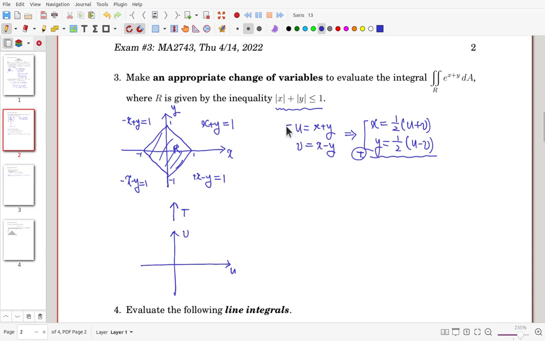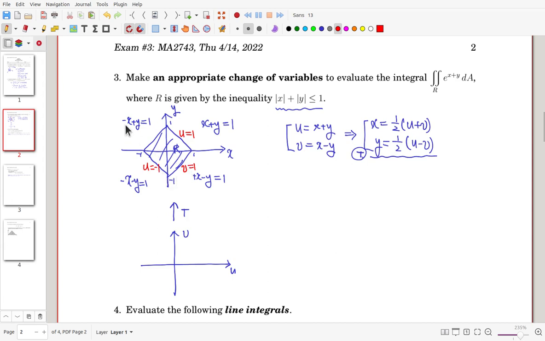Now if we introduce this one, then that is same as u equals 1. Let's try to use red pen. X plus y is u, so this one is same as u is 1. Now x minus y is v, so that is v is 1. Minus x minus y is minus u. Minus u is 1, which is same as u is minus 1.